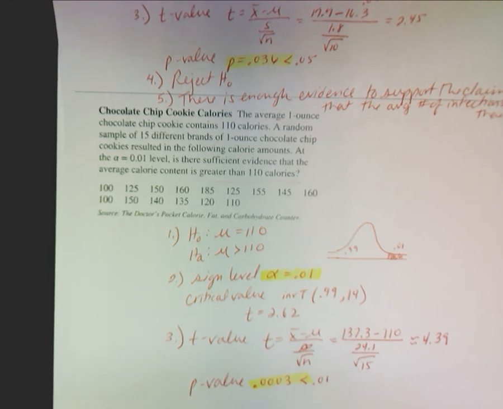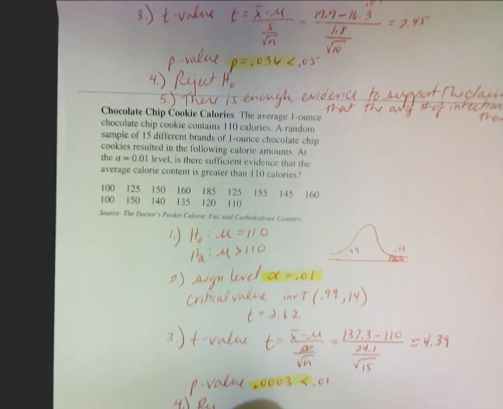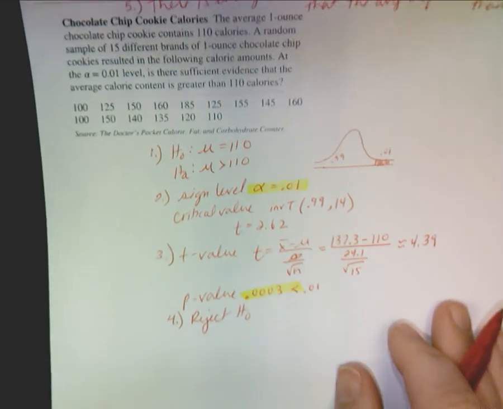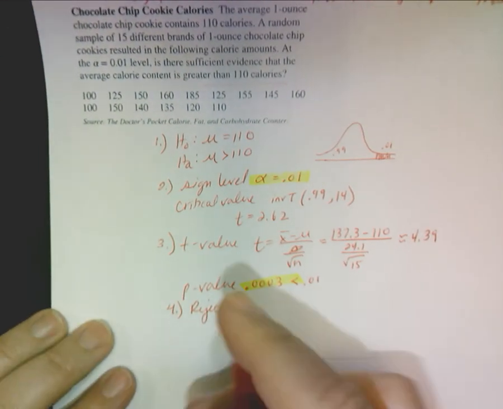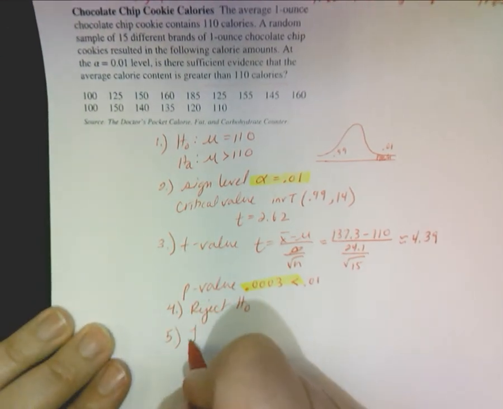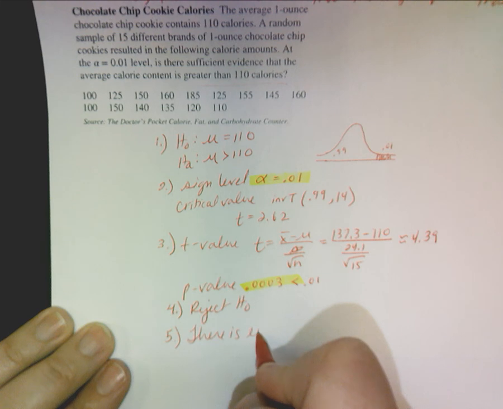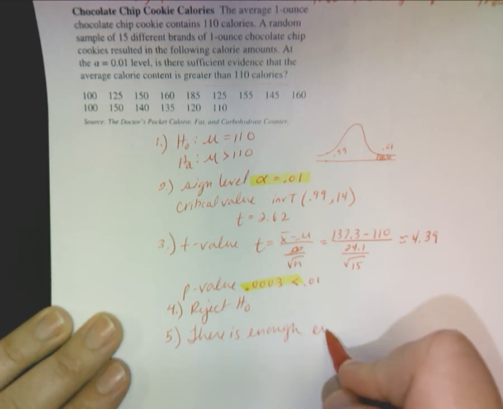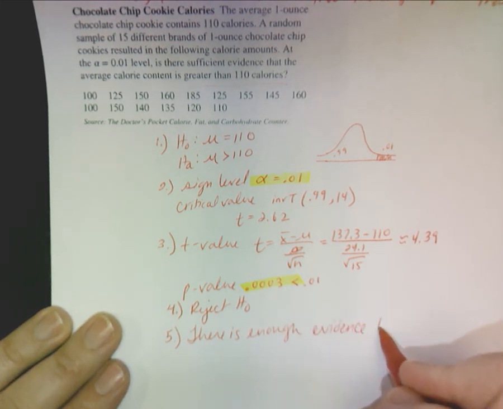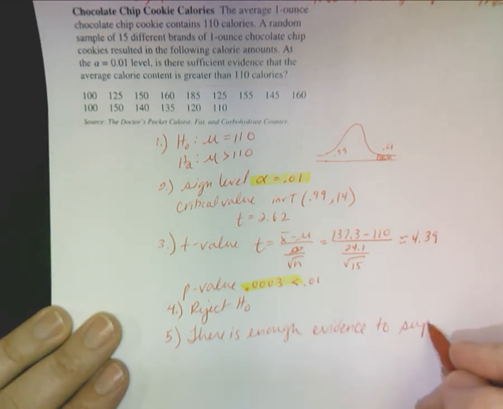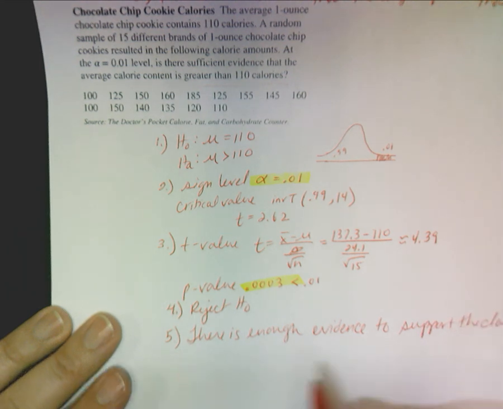So that means for number 4, you are going to reject the H0. Move this up. And number 5, you would just say there is enough evidence to support the claim. What's my claim again?